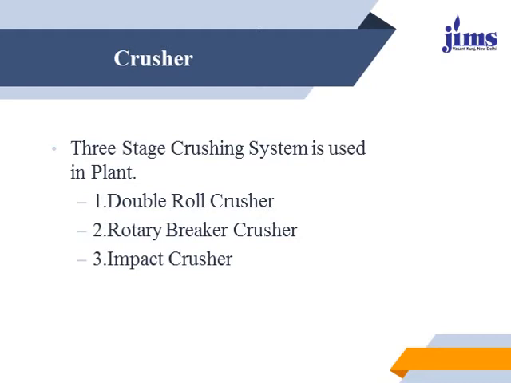In the rotary breaker crusher, there are rotary rollers, three or maybe more than three, as you have seen in cement concrete mixing machines. That particular feeder is rotated, and there are crushers which crush the big stones into smaller ones.